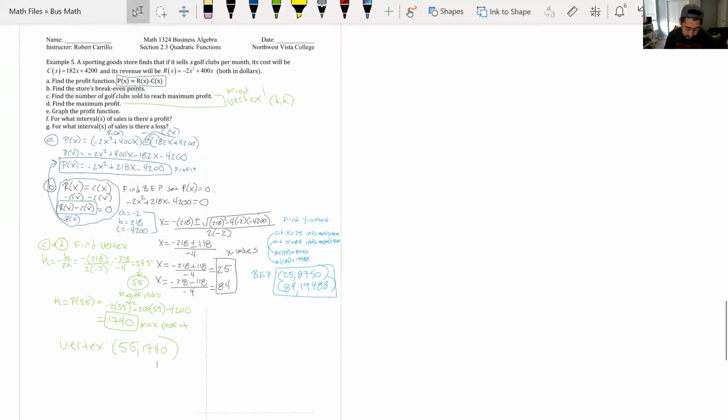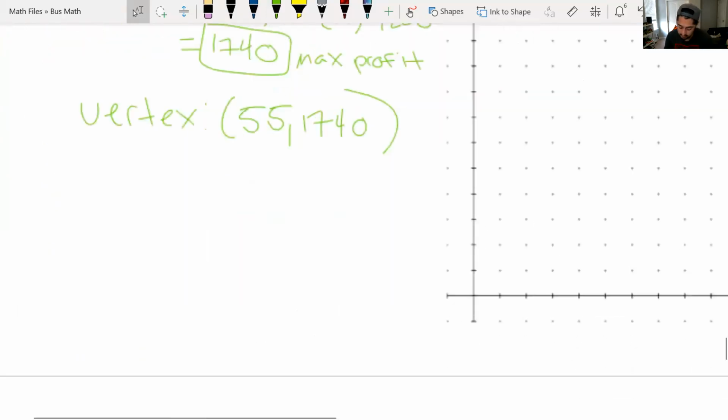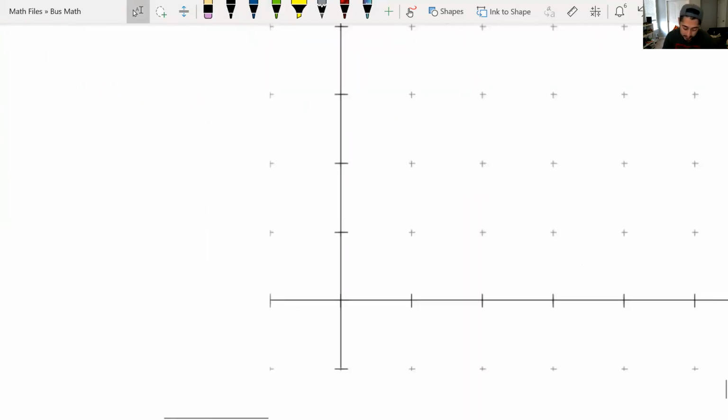No. So yeah, we could sell 0 golf clubs if we wanted. Or we can start at 1. Let's just start at 1 because we don't make anything if we sell 0 golf clubs. So this is going to be 1, and then we can make the jump to, maybe we can even go by 10s.